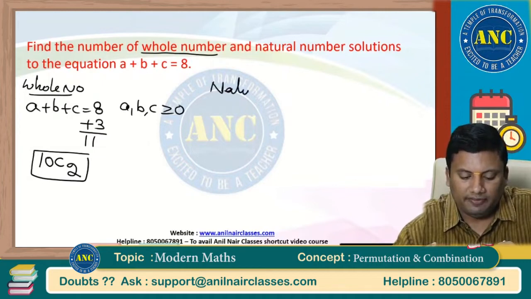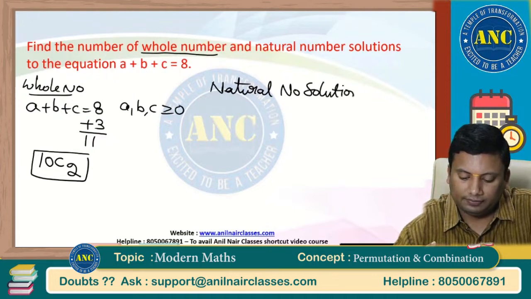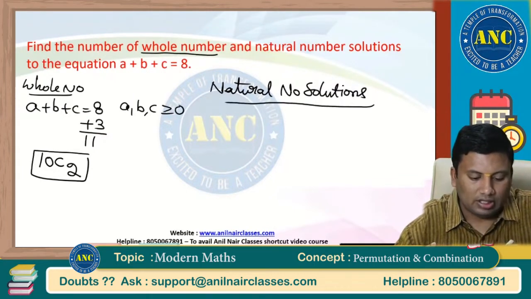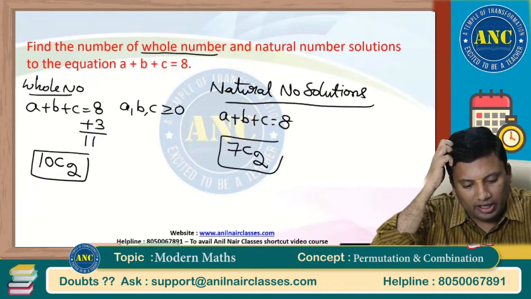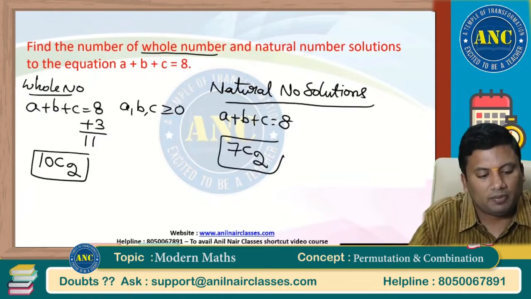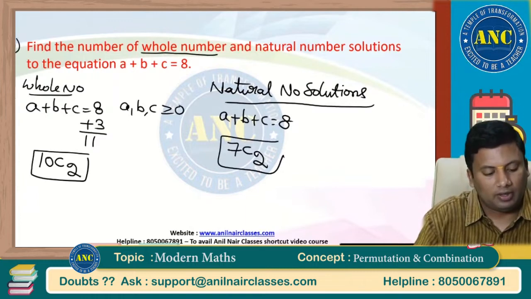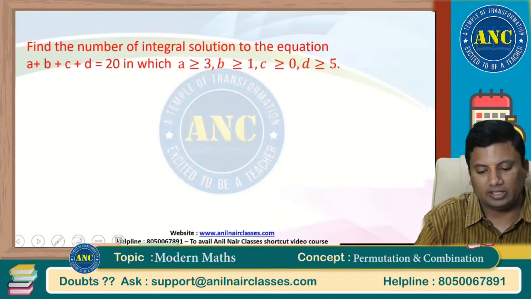Next one, natural number solutions: a + b + c = 8. All are 1. So the answer is nothing but 7C2. Already we did this model. Some of them are exam questions, so I am including the first one. I hope it is clear.